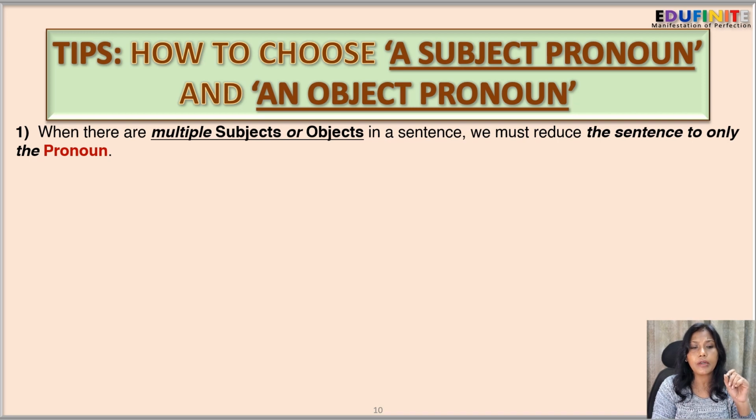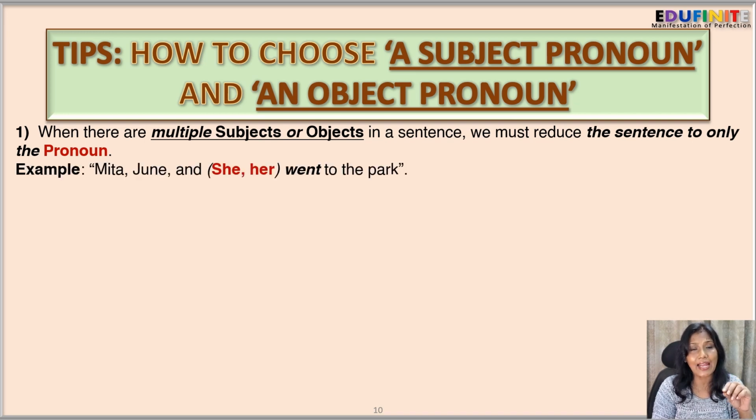When there are multiple subjects or objects in a sentence, we must reduce the sentence to only the pronoun. Let's see how. Example: Meeta, June and, suppose here we have to include a pronoun about a female. So we are in a dilemma whether it's the subject pronoun or the object pronoun.